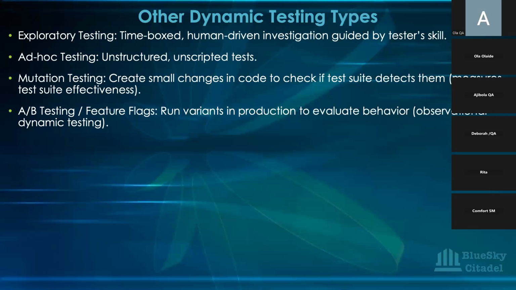Another type of testing we have is mutation testing, meaning you create small changes in code to check if test suites detect them. So it measures test suite effectiveness. This is rarely done by us because we don't really have access to the developer code base. My code base is going to be different from the developer code base.